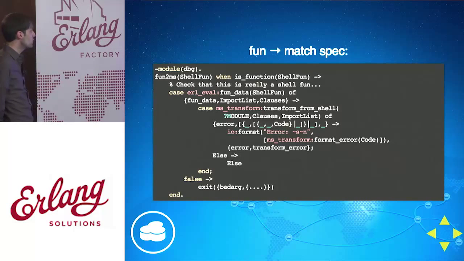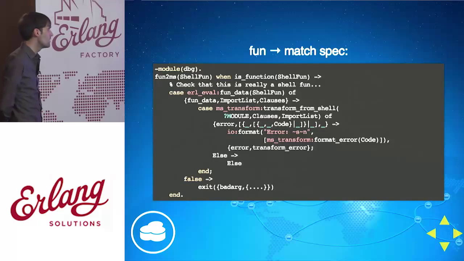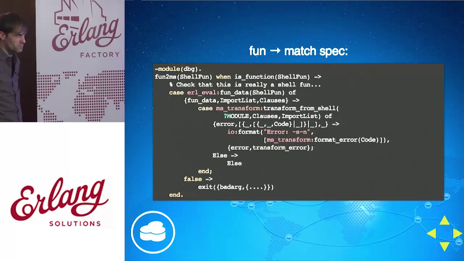So you have this fun2ms, clever little name, that takes a shell function. Now, in this case, it does not allow a different kind of function to be passed, because I don't know how many people have played around with anonymous function representation in Erlang, but there are actually 2 kinds. There's one you define in the shell, and this is compiled to sort of an AST node, and when it's evaluated, it is evaluated as sort of an AST walk.